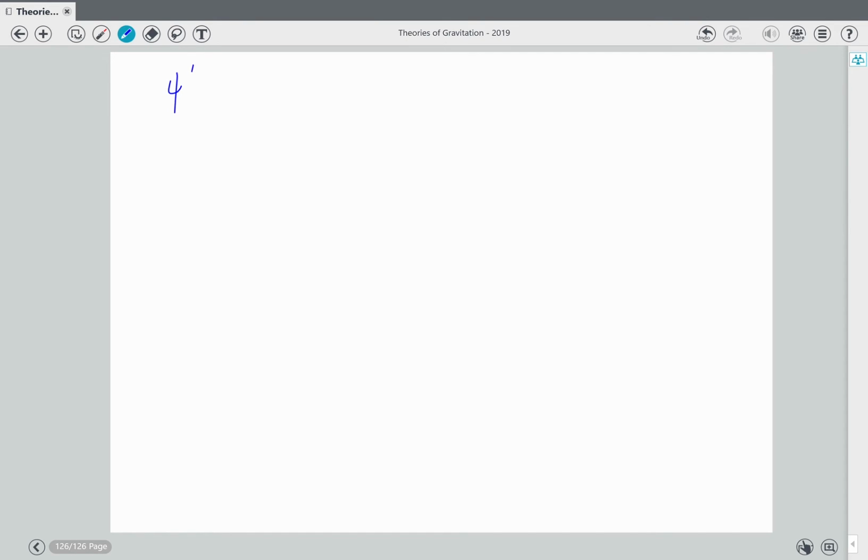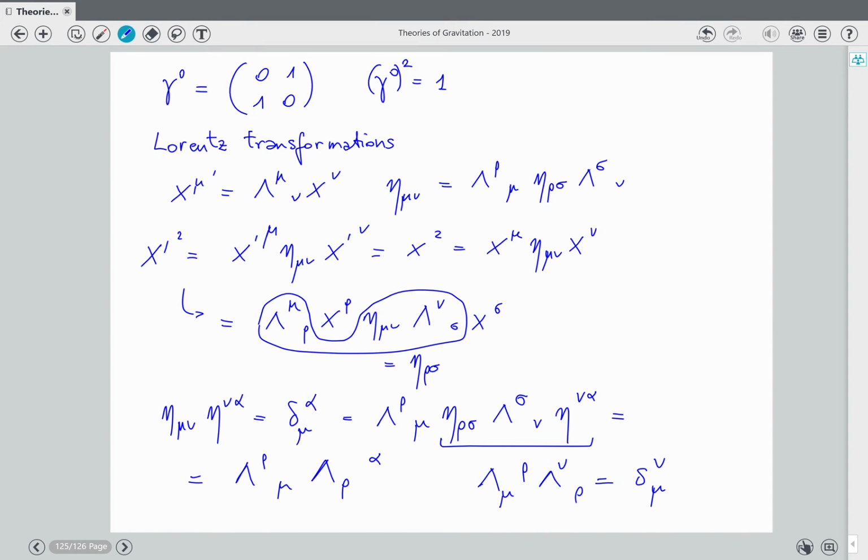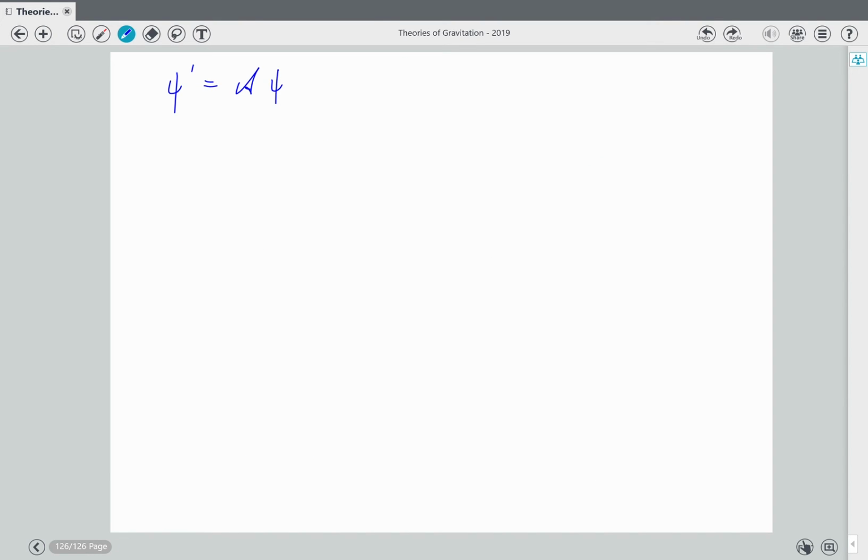The fermions will transform with a certain matrix that we have to determine, and we have to associate a matrix A with the matrix lambda. So given a Lorentz transformation, which is determined by a certain lambda, what is the matrix A that performs the transformation of the fermions? Let's determine it.